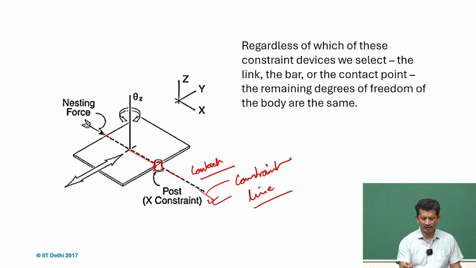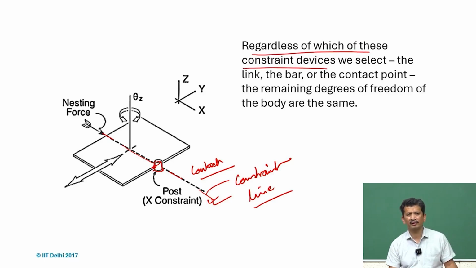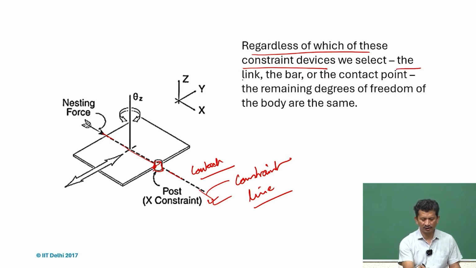What it says is, regardless of which of these constraint devices we select, there can be different means to achieve that contact. It can be through a link, through a bar, or through a contact point.